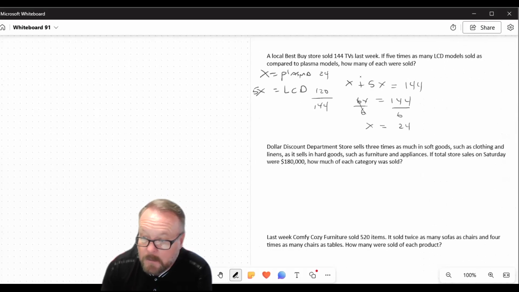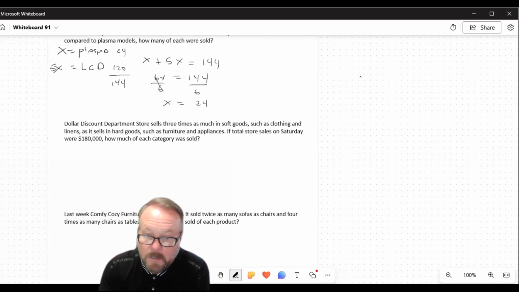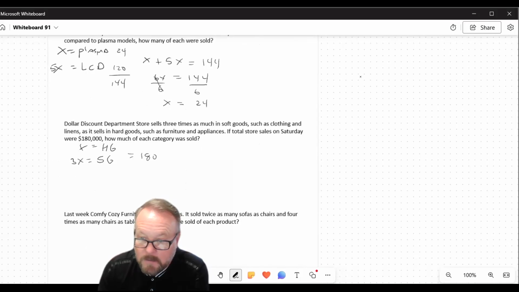So X equals hard goods, I'll just put HG. And then they sold 3 times as many, so 3X equals soft goods. Again, this is very similar. They all together equal 180,000. So again, we do the same thing: x plus 3x equals 180,000.